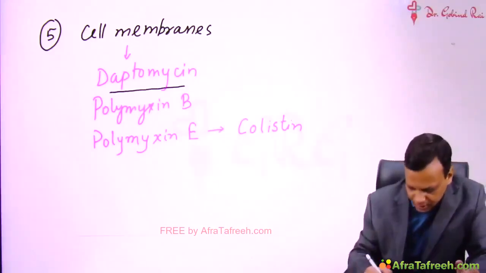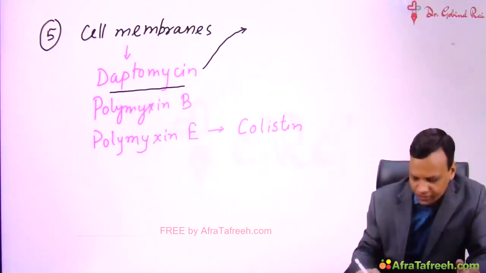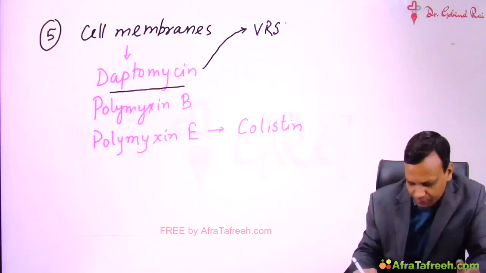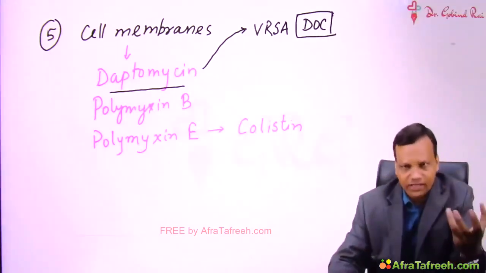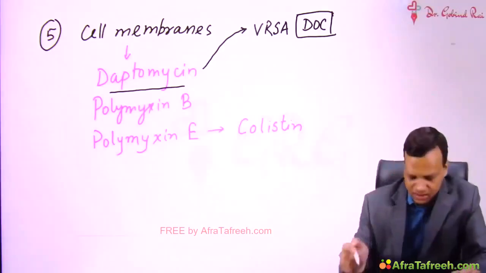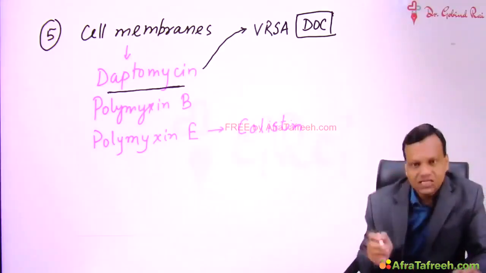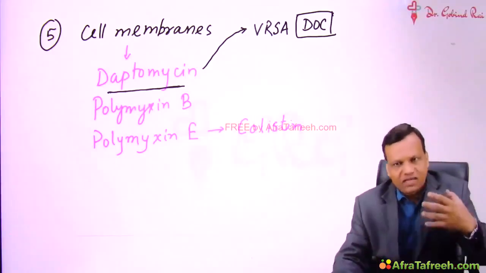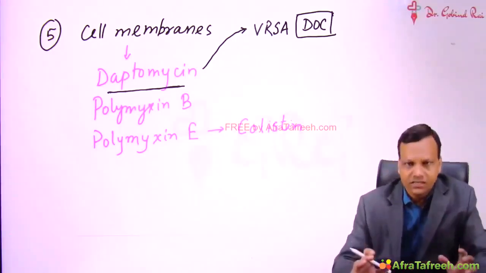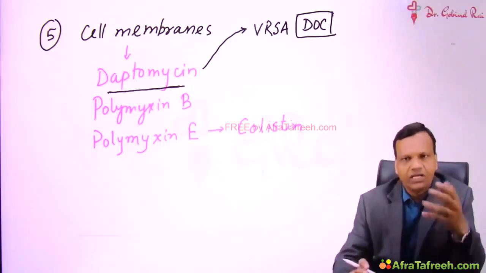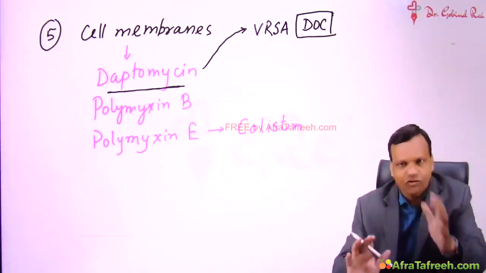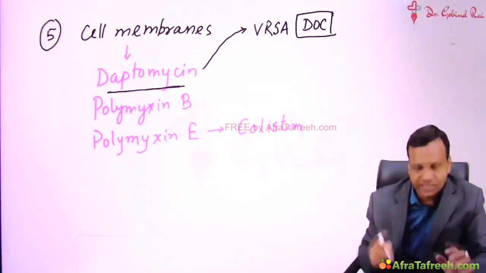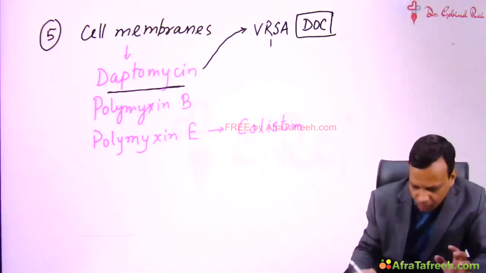Starting with daptomycin. Daptomycin is used for VRSA. It is a drug of choice for infections caused by vancomycin-resistant Staph aureus. But the problem is that daptomycin becomes inactivated by surfactant present in the lungs, so it is not effective in infections of the lung like pneumonia. So for VRSA infections, the drug of choice is daptomycin, but not for pneumonia.